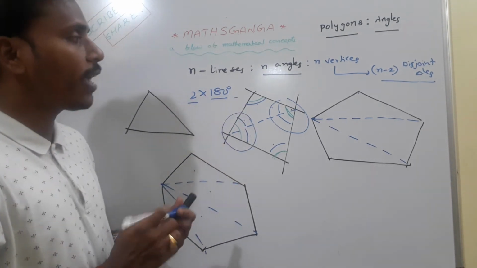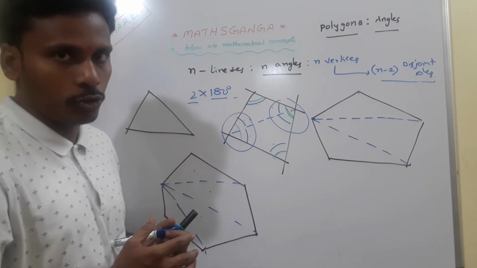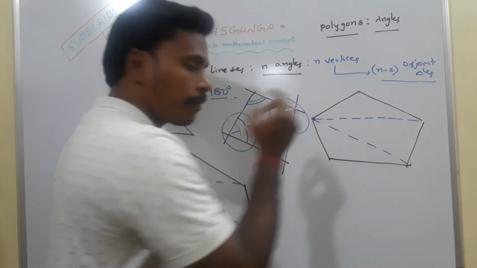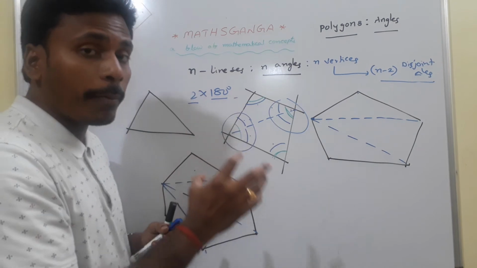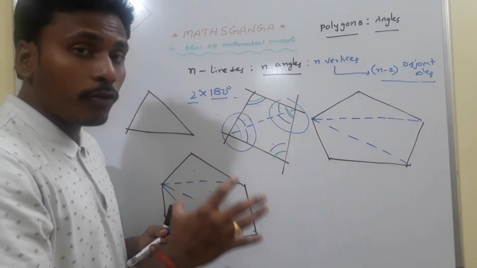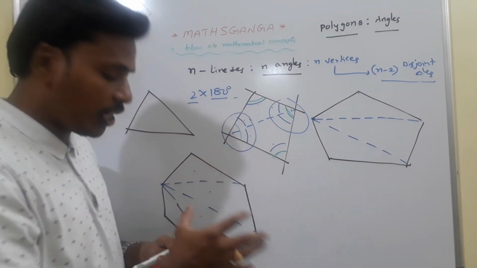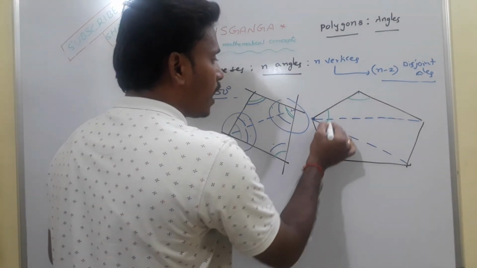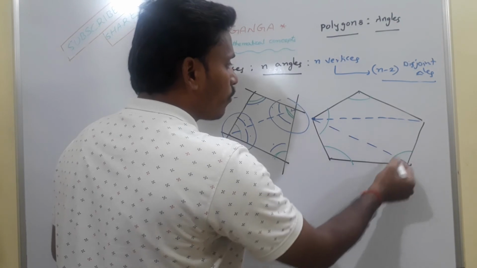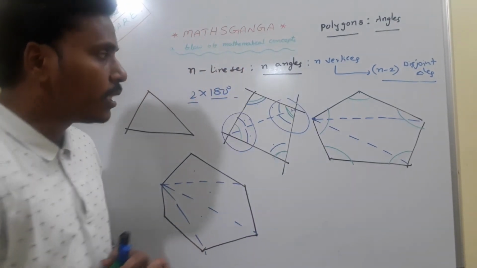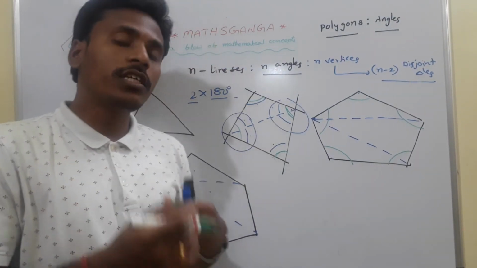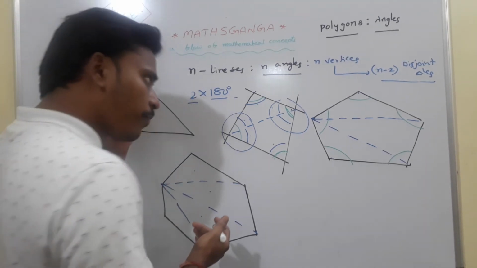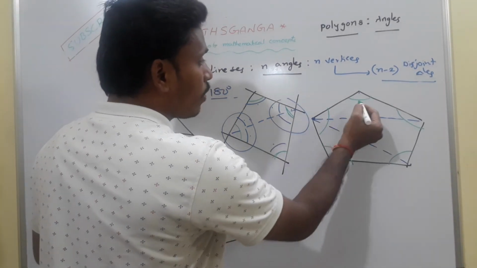If you come to the case of the pentagon, the same work will continue. Since it has three triangles, the sum of the angles of the pentagon is the sum of the angles in three disjoint triangles. There are 5 angles in this pentagon: one angle, another angle, a third angle, and then one more and one more. To calculate the sum of all these angles, I divided them into different parts.